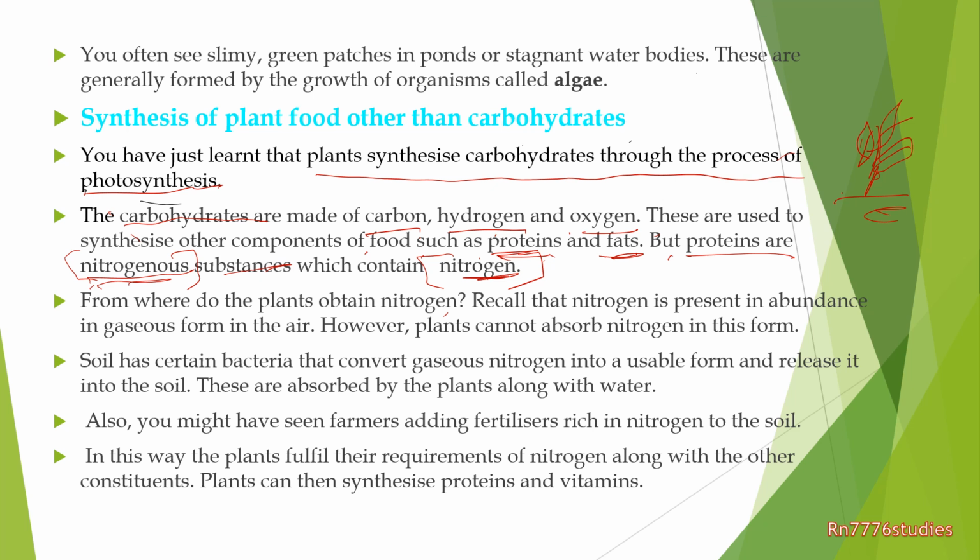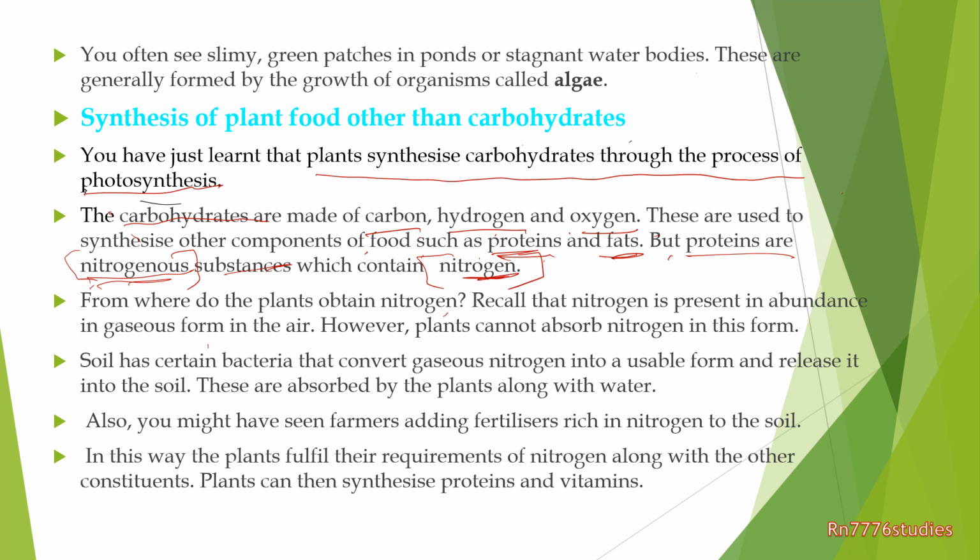Recall that nitrogen is present in abundance in gaseous form in the air. As I said, air contains many gases, like nitrogen, carbon dioxide, oxygen, and so on. Plants require nitrogen, but plants cannot absorb nitrogen in this form, that is, in the air form.